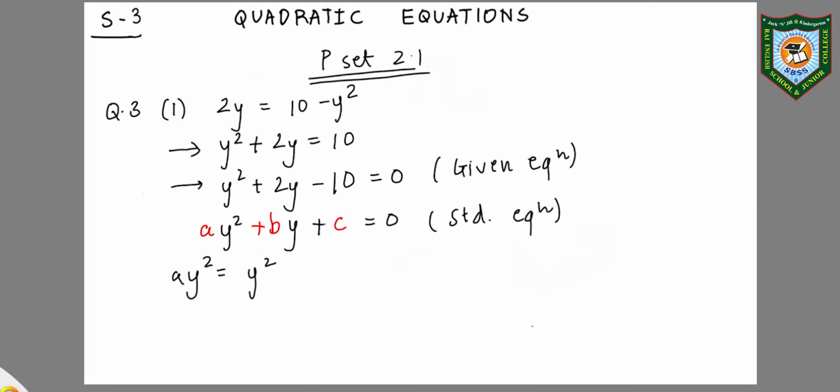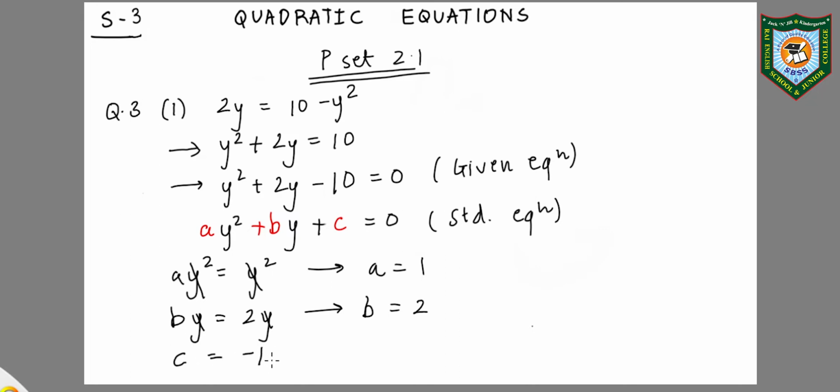So ay square is equals to y square cancels. This becomes a is equals to 1. Now by is equals to 2y. Again y and y cancels. That means b is equals to 2. And then I am left with c is equals to minus 10. So this is my solution for this sub question.